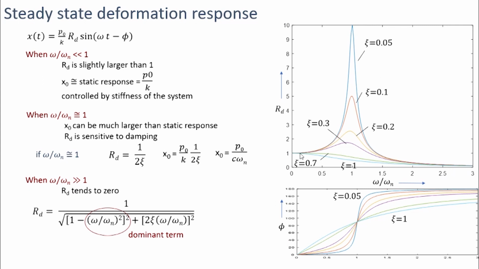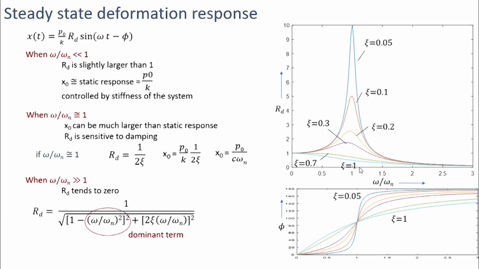The response will be even much lesser than the static response. And in designing a system, there will also be some other constraints which will limit the value of the natural frequency which we can adopt. So the general rule is to keep the natural frequency away from the forcing frequency as much as we can.